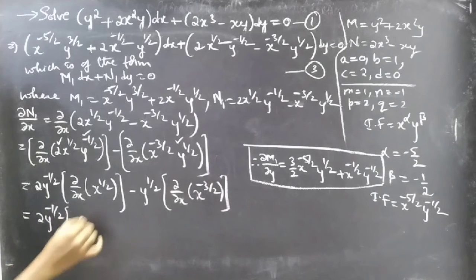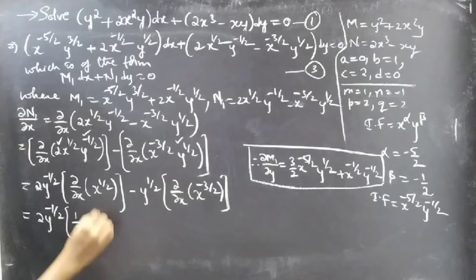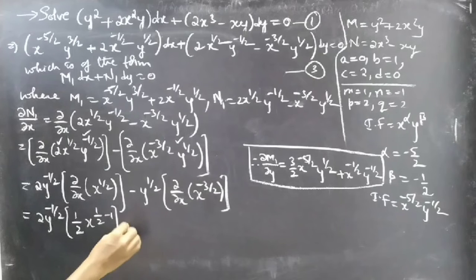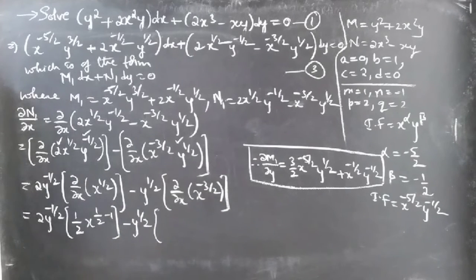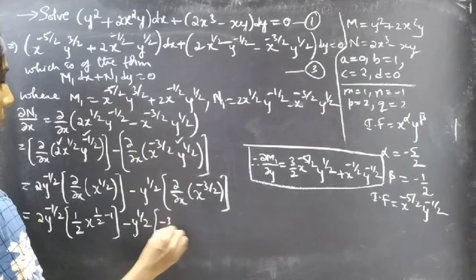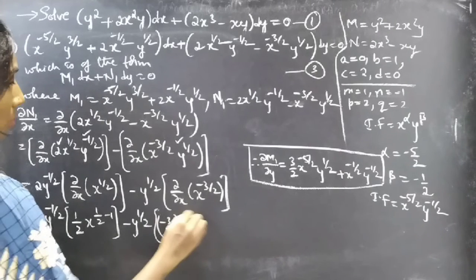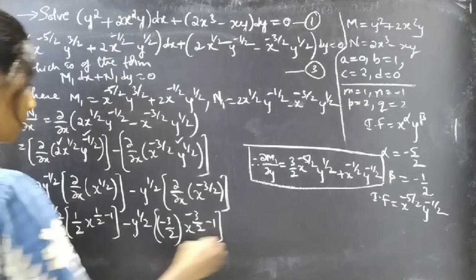which gives us 2y^(-1/2) into the partial derivative of x^(1/2) with respect to x, which is 1/2 into x^(1/2 - 1), minus y^(1/2) into the partial derivative of x^(-3/2) with respect to x, which is -3/2 into x^(-3/2 - 1), right?